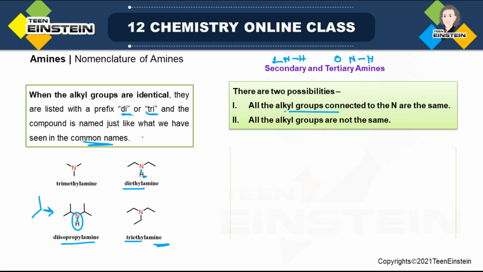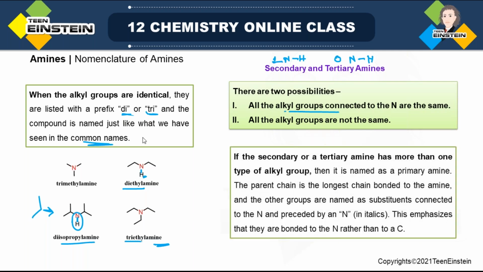Okay. And the other possibility, if the secondary or a tertiary amine has more than one type of alkyl group, then what we do? Now in this case, it is named following the rules of primary amine. Now what you will do, the parent chain is the longest chain bonded to the amine.